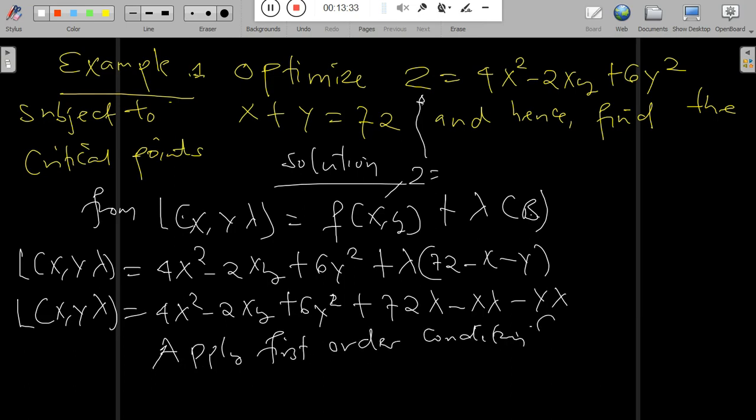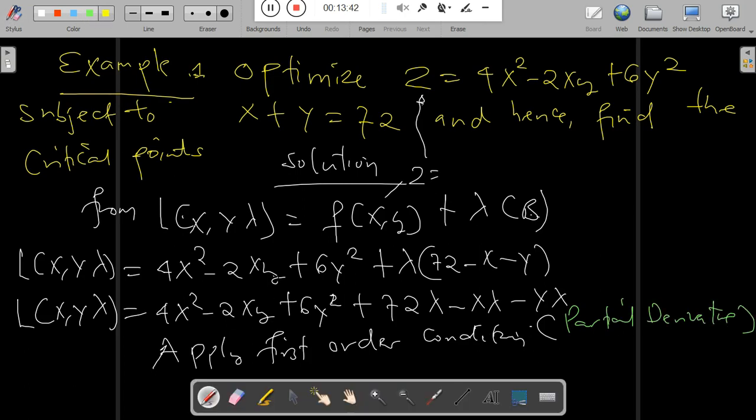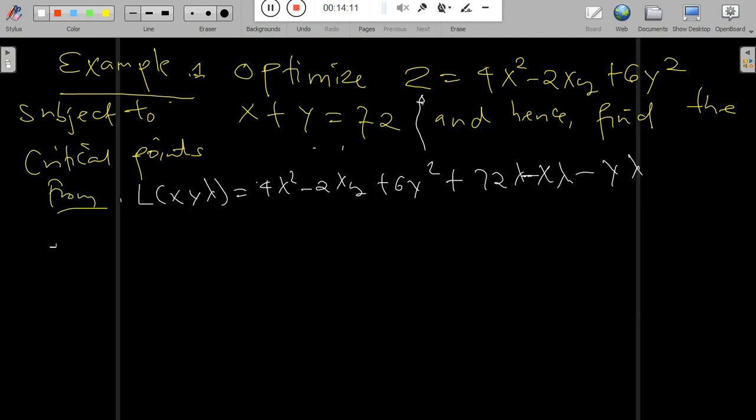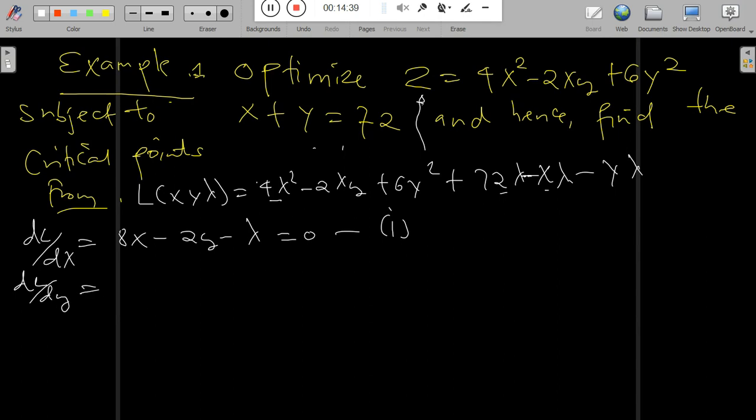We apply the first-order condition by taking the partial derivative of the Lagrangian with respect to each variable, that is x, y, and λ. When we take the partial derivative ∂L/∂x, that gives 8x − 2y − λ, which is equal to 0. That is equation number 1.